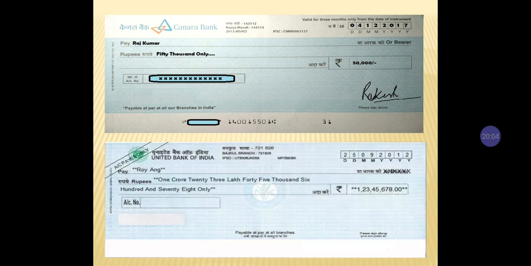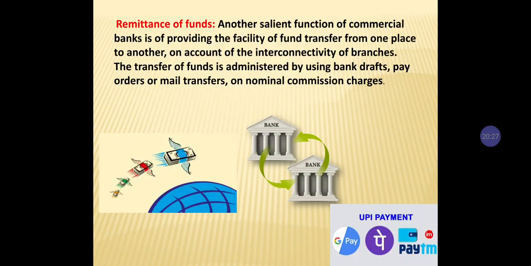So open check and crossed check, this is what they are called. The first one is open check, the second one is crossed check, that is account payee. Even if anyone takes this check, they will tell them it is only for the account. But with an open check, anyone can go and take the money directly from the bank and get cash. Here cash will not come to hand, cash will come to your account.